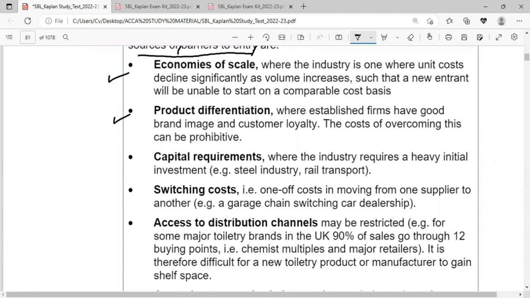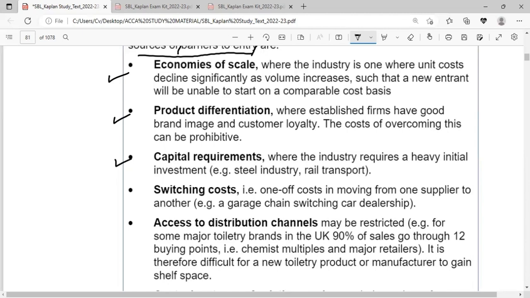Product differentiation, if existing sellers are selling any differentiated product, definitely they will be able to retain their position, and they will not lose their market share if new entrants enter the market.